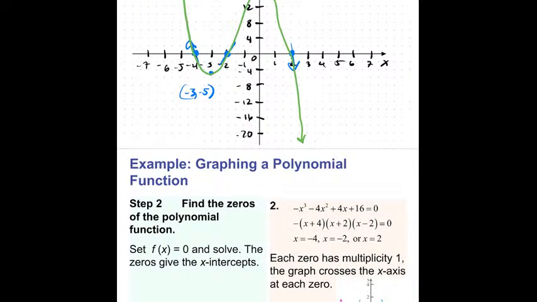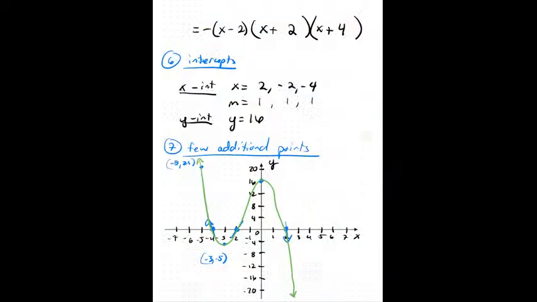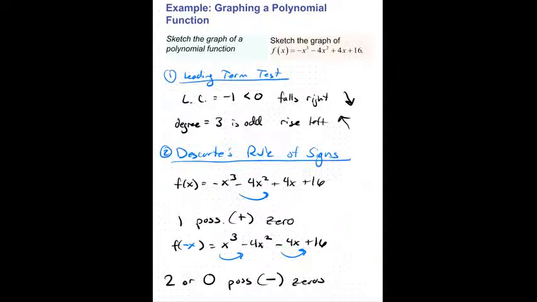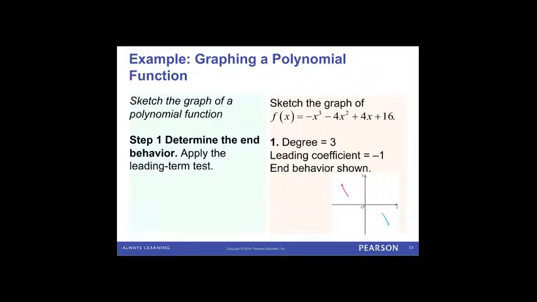So again, notice the degree was 3. As our leading coefficient was negative, the negative leading coefficient tells us it goes down to the right. Because the degree is odd, the other side does the opposite.